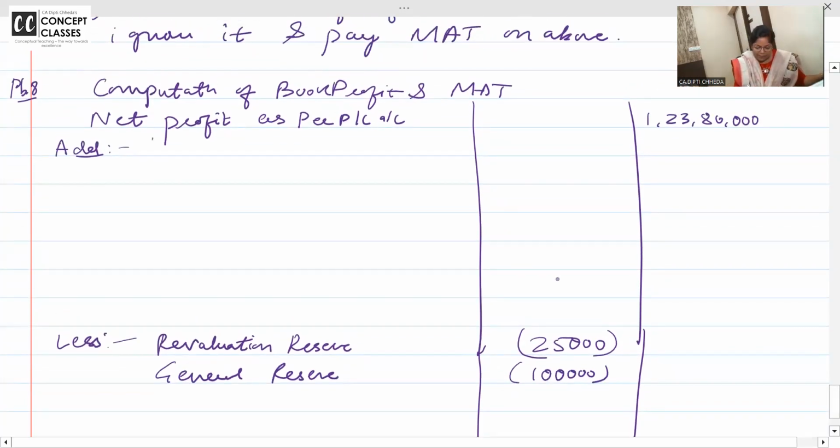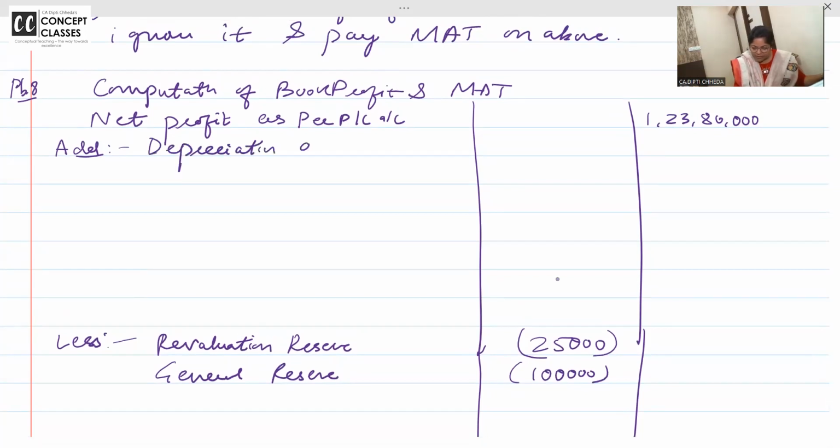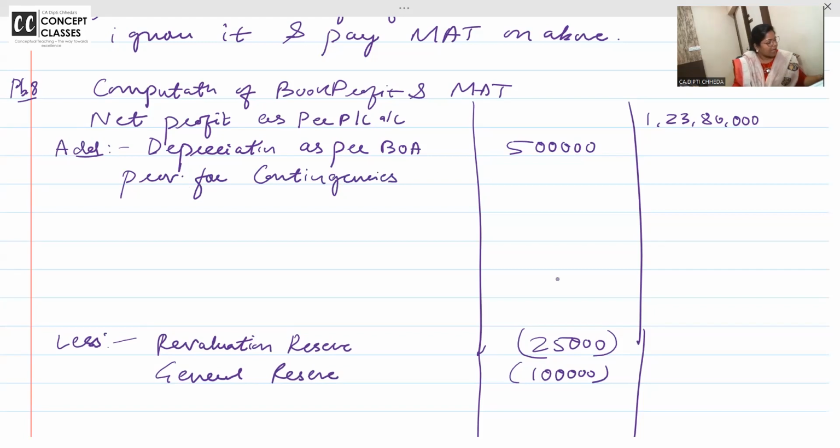Now add. First add depreciation. Depreciation as per books of accounts. Add it. 5 lakh. Provisions for contingencies. Add it. 75,000.